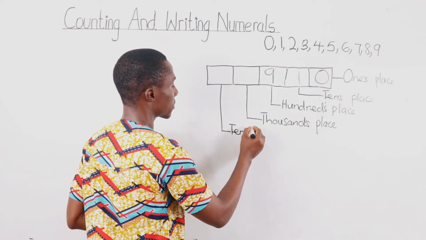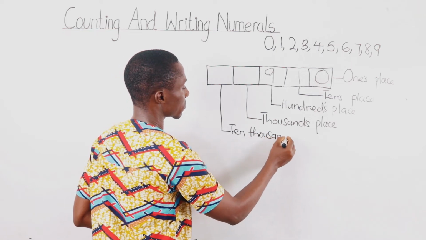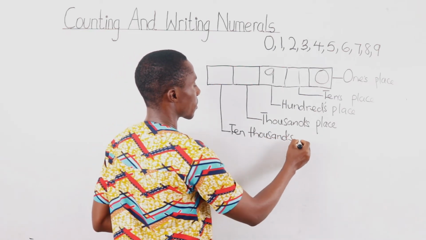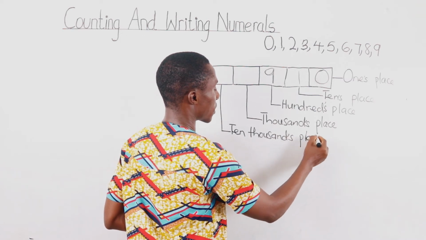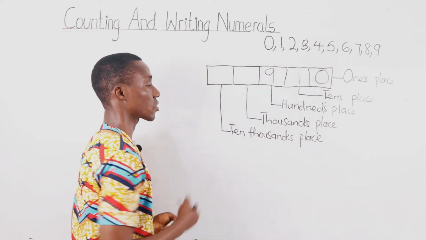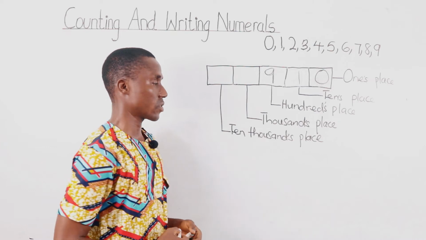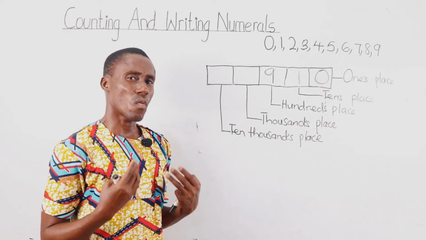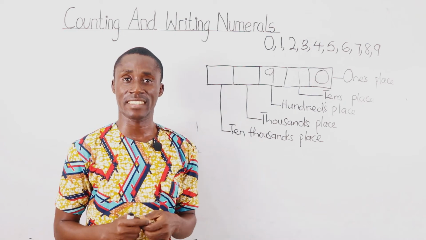Okay, we could call it the 10 thousands number place, or we can simply call it the 10 thousands place. So what is the next number place going to be?